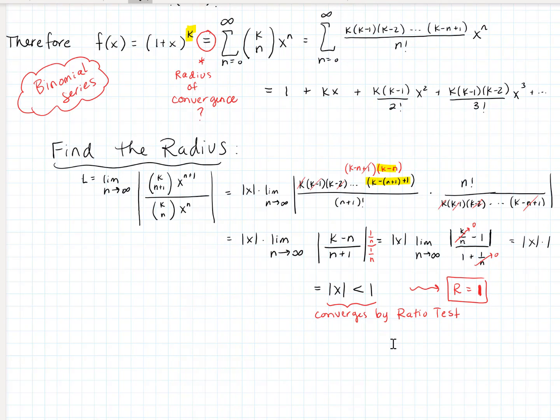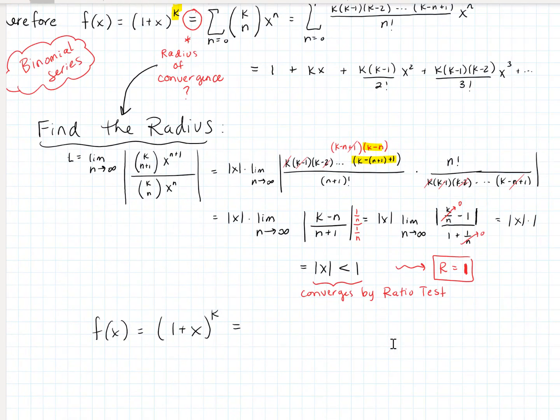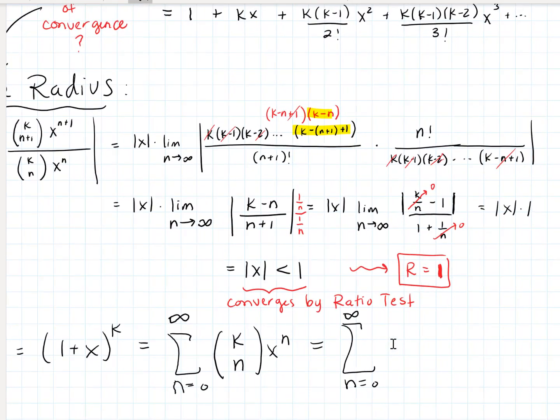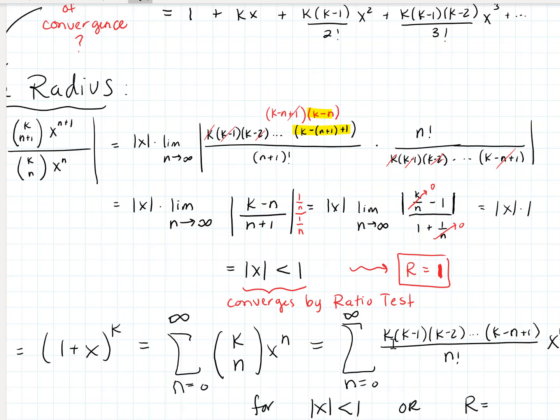So this function f of x equaling 1 plus x to the k for any real number k, doesn't matter what k is, is actually equal to the power series from n equals 0 to infinity of k choose n, x to the n, and that k choose n by definition is actually k times k minus 1 times k minus 2 out to k minus n plus 1 over n factorial, times x to the n, for the absolute value of x less than 1, or another way of saying that, with a radius of convergence equal to 1.